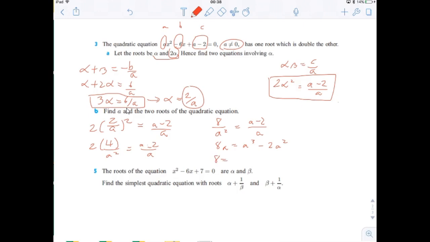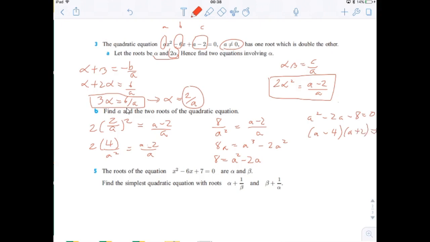And then I will get a quadratic instead of a cubic equation. Okay, now I'm going to rearrange it. So I'm going to have a squared minus 2a minus 8 equals 0. And now I'm going to factor it. So I think it's a minus 4 and a plus 2 equals 0.